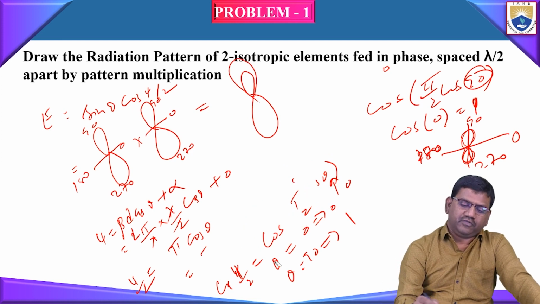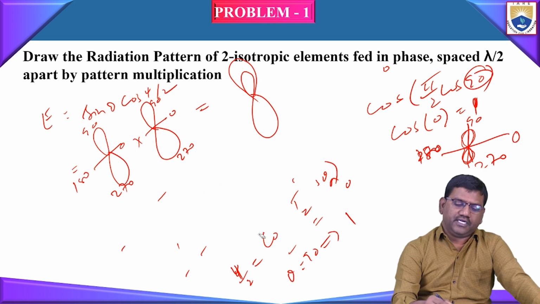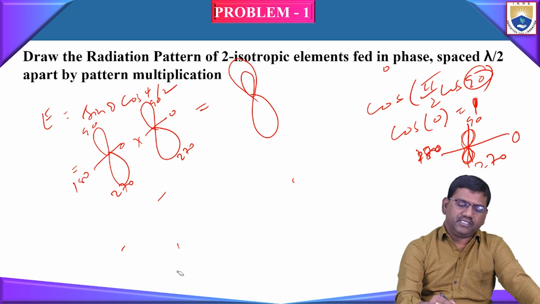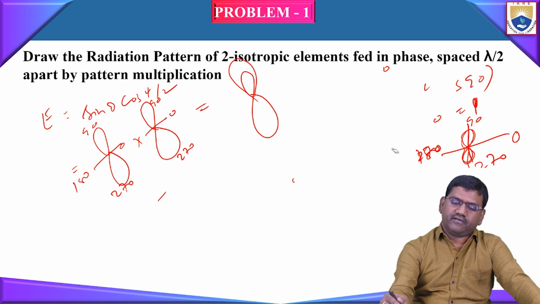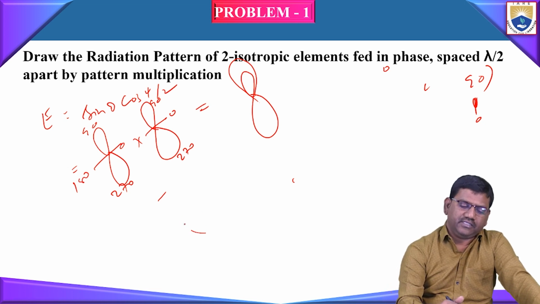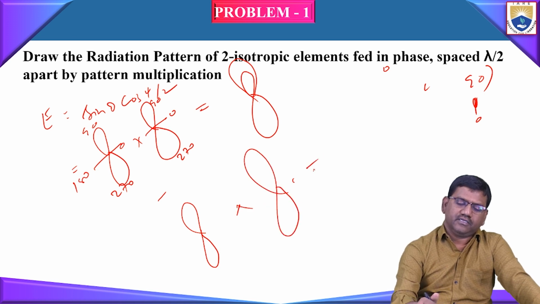So here, based upon the function of E, we are going to draw the radiation pattern. According to the electric field produced by two elements, E is equal to sin theta into cos psi by 2. Sin theta means the radiation pattern will be like this. This multiplied by cos psi by 2, again the radiation pattern will be like this.